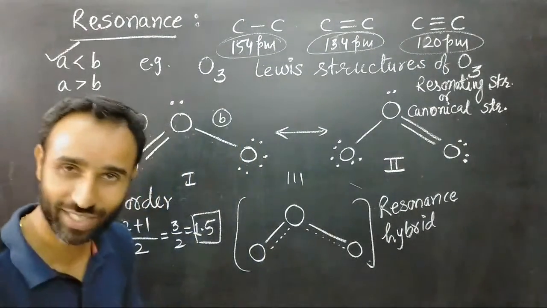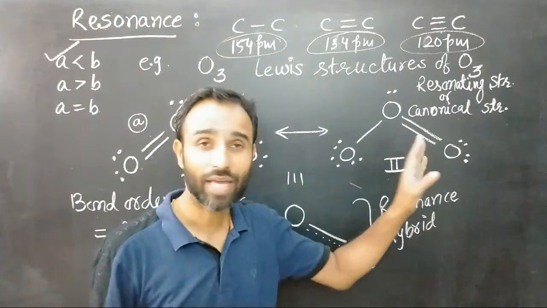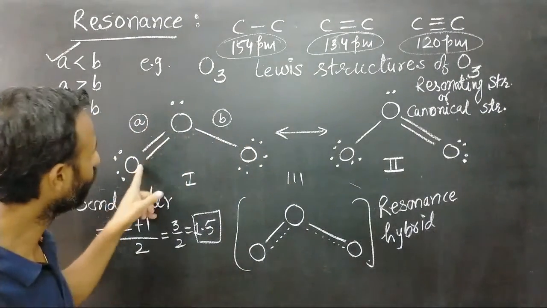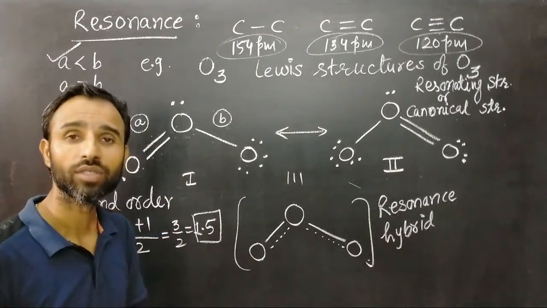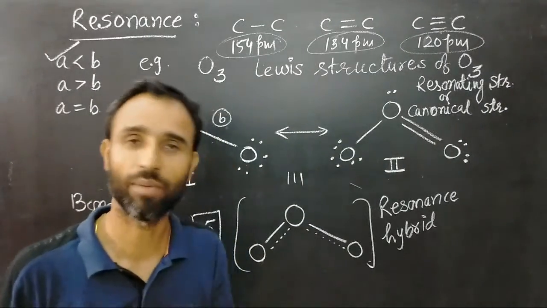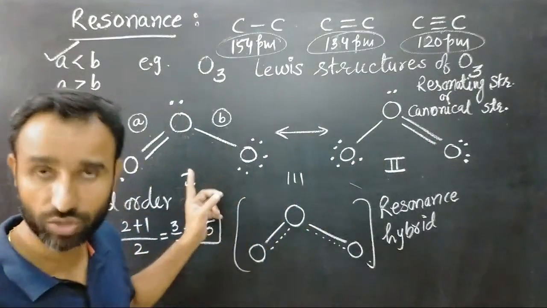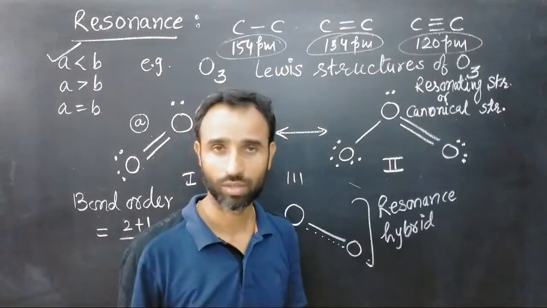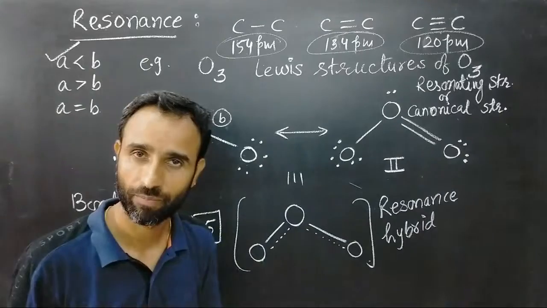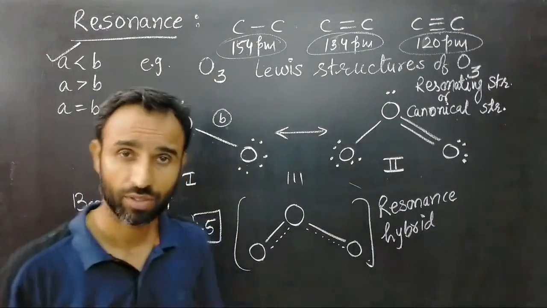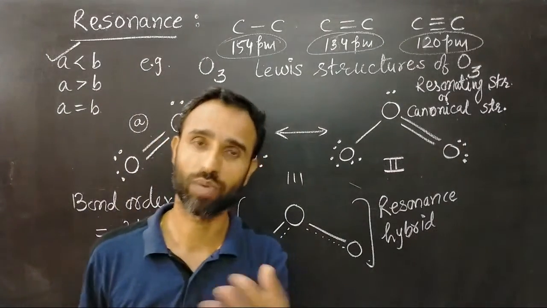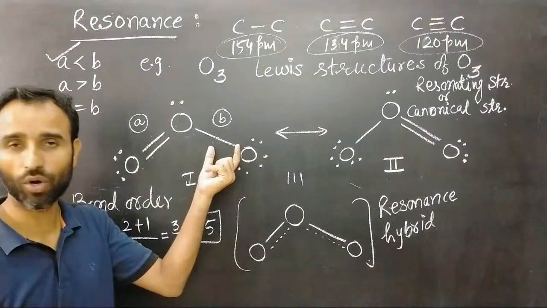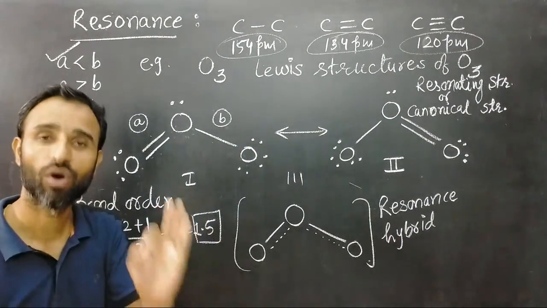Okay, total 3 bonds are there, but ये actual structure नहीं है, क्योंकि experimentally it has been proved that दोनों OO bond का जो bond length है वो same है, but इन दोनों में से कोई भी ऐसा structure नहीं है जो explain कर दे कि bond order same क्यों है, क्योंकि ये तो हो रहा है कि एक सिंगल होगा एक डबल होगा, और सिंगल और डबल होगा तो बॉन्ड लेंथ शुड बी डिफरेंट, बट एक्सपेरिमेंटली बॉन्ड लेंथ इज सेम. इसलिए ऐसे स्ट्रक्चर्स को एक्सप्लेन करने के लिए जो नेक्स्ट कंसेप्ट आता है दैट इज कॉल्ड रेजोनेंस. डबल एंड सिंगल बॉन्ड दे आर नॉट द एक्चुअल स्ट्रक्चर्स ऑफ ओजोन.